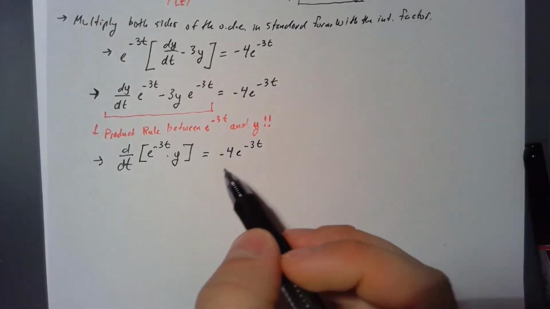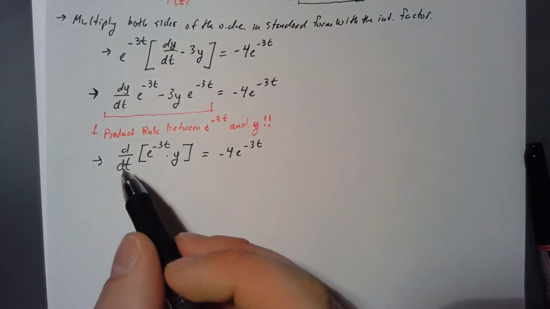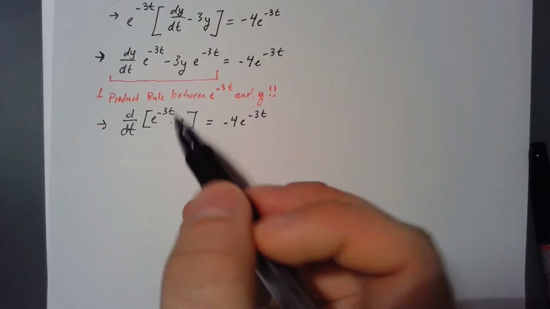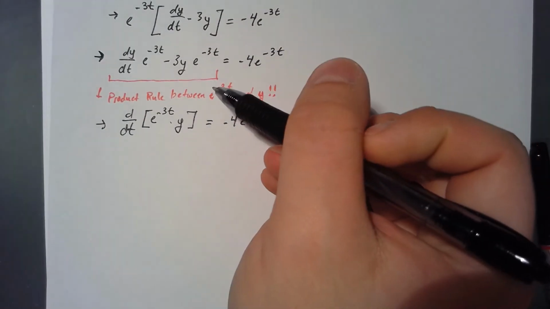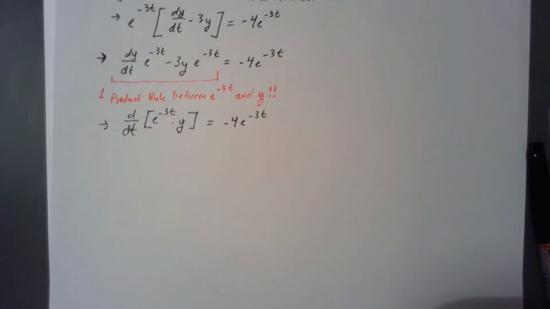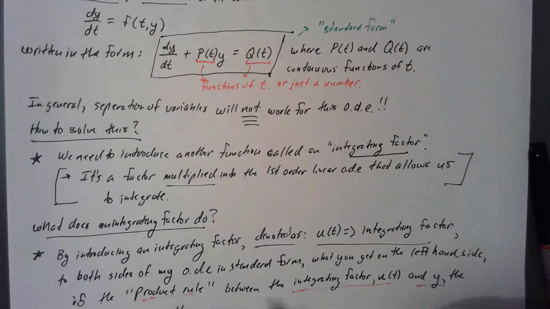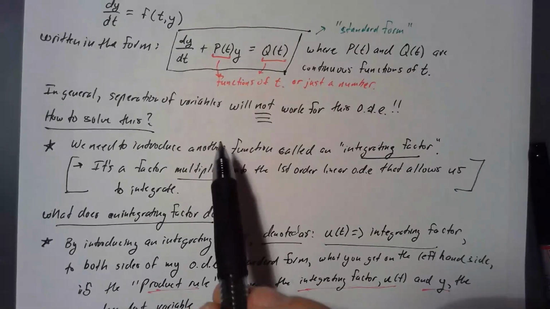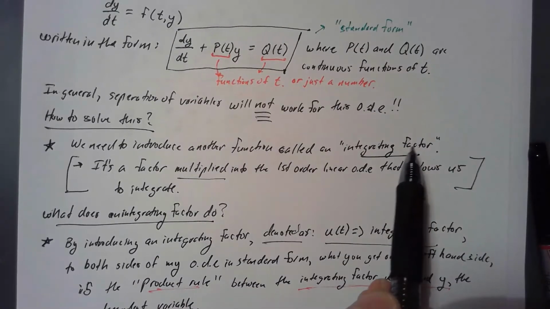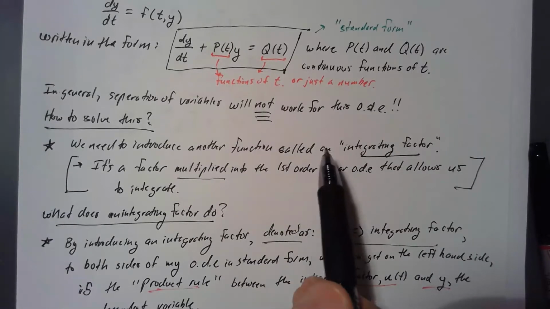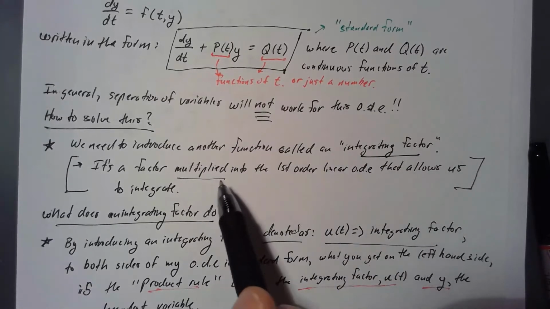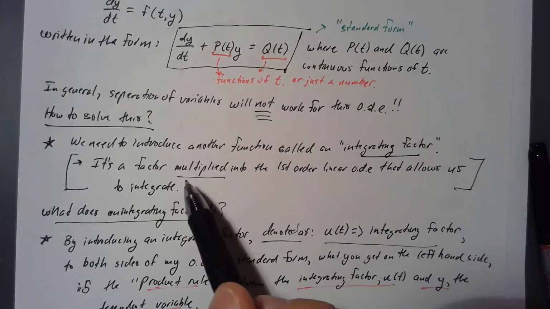So now, here's where the magic occurs. Remember I said at the beginning of the notes that we need to introduce another function called an integrating factor. What's the purpose of the integrating factor? It allows us to integrate.